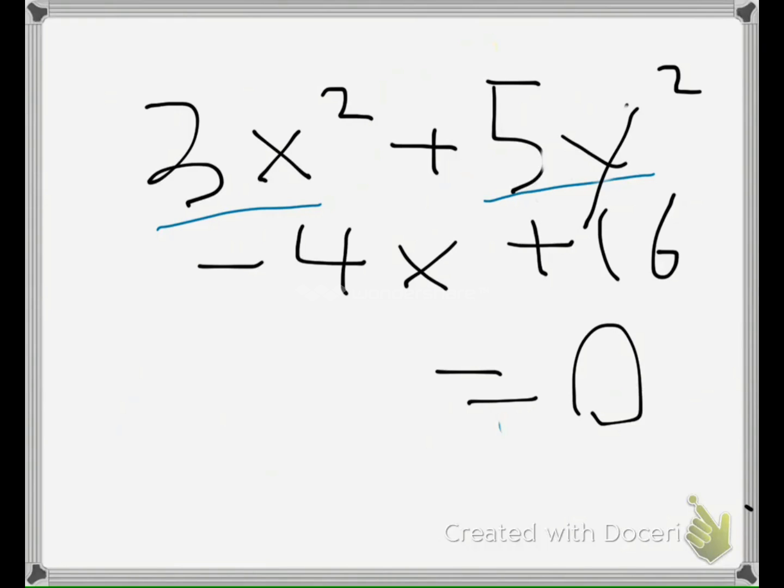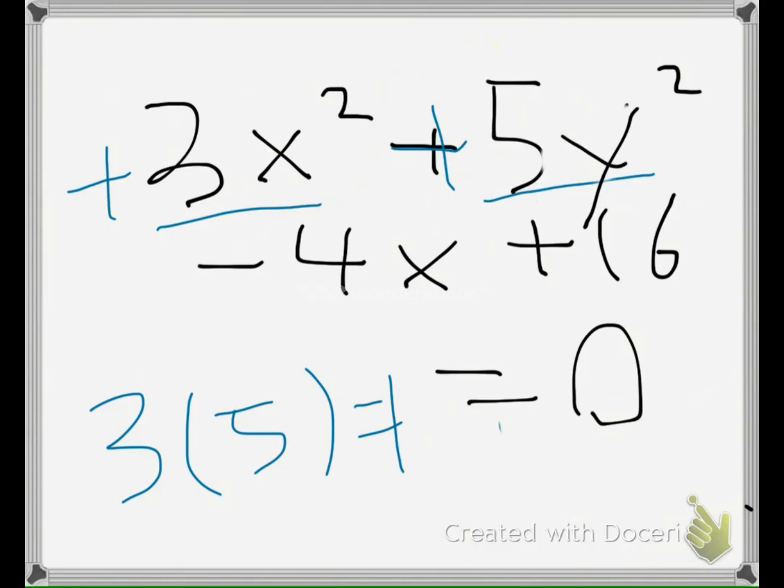The a value is 3 and the c value is 5, which are both positive. And then we determine if 3 times 5 gives us a number that is greater than 0 or not. 3 times 5 equals 15, and 15 is bigger than 0. So we can conclude that this general form of equation represents an ellipse.